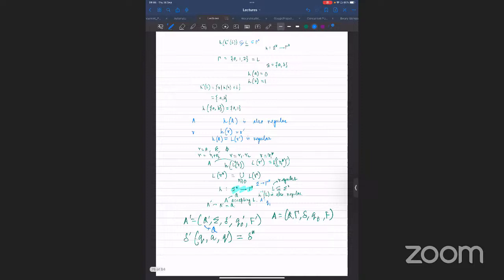We'll come to that later. And what about the Q0 prime? It's the same as Q0.